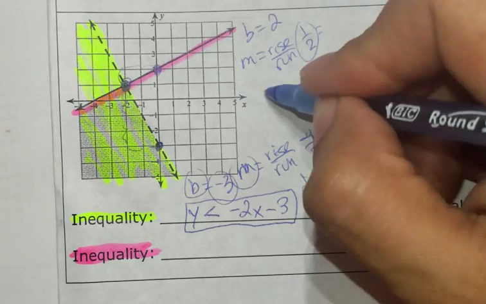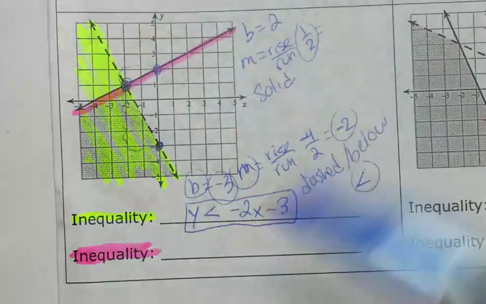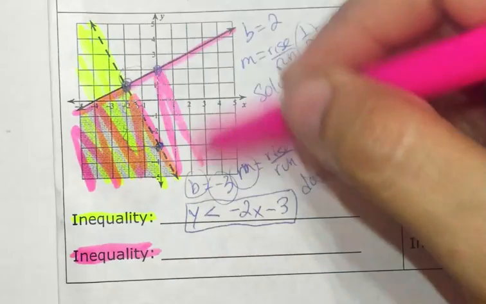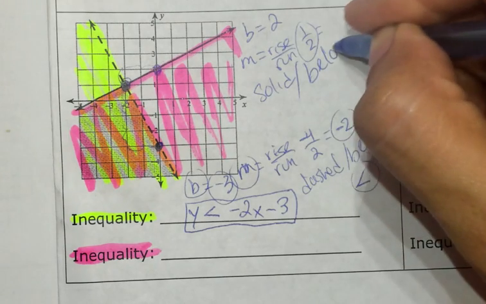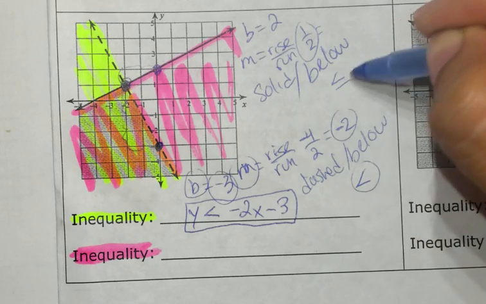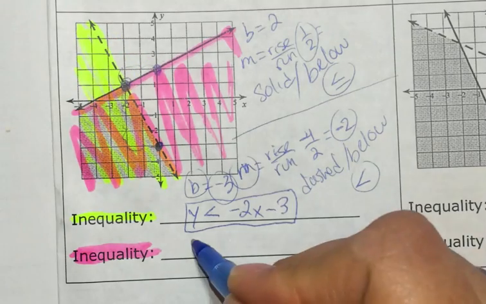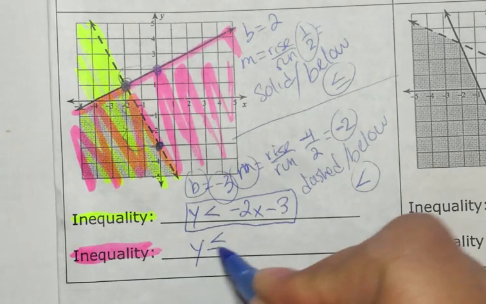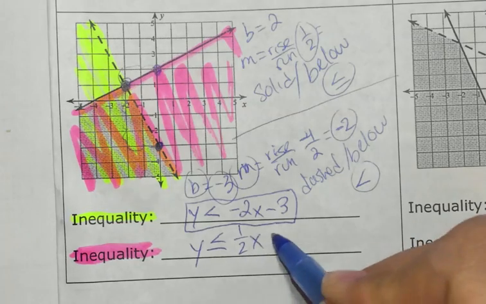This is a solid line, and it's shaded below. So we're going to identify the sign for that. Solid is equal to, below is less than, so that would be the symbol. So we're going to write y is less than or equal to 1/2 x plus 2.